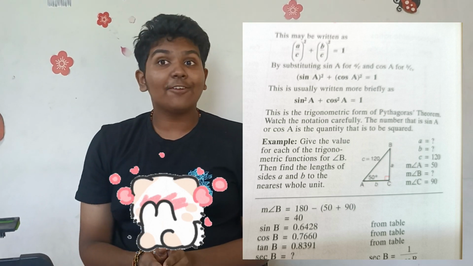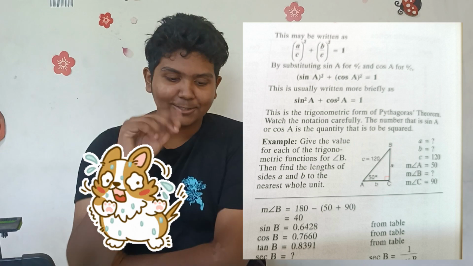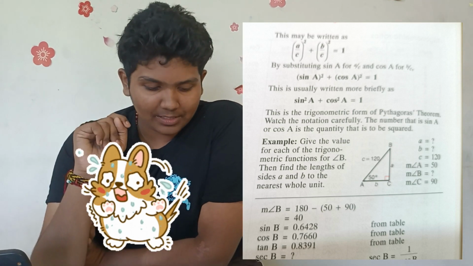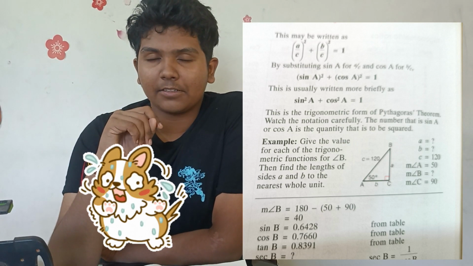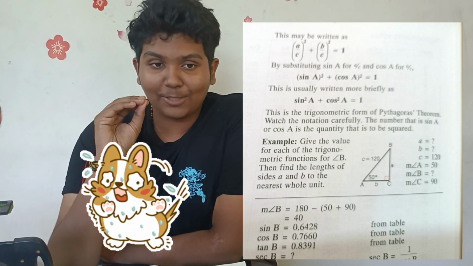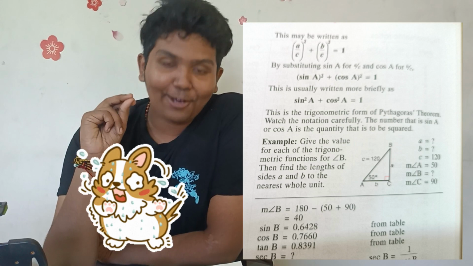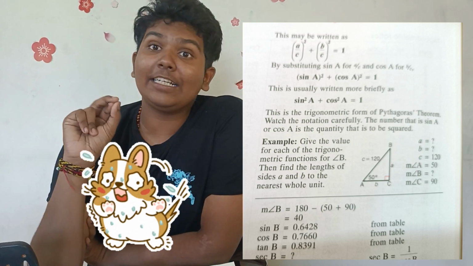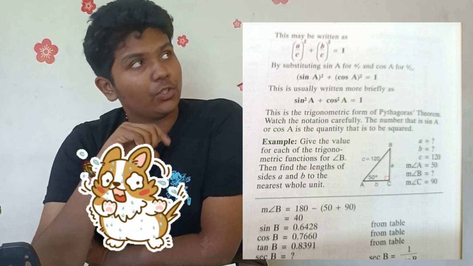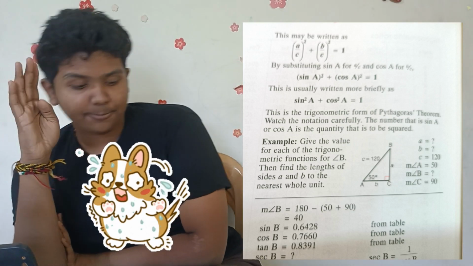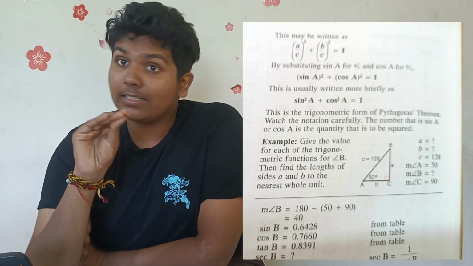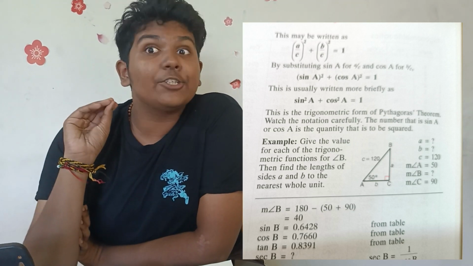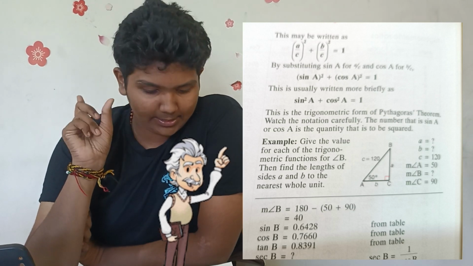Let's do some problems, shall we? So the first example: give the value for each trigonometric function for angle B. Find the length of sides A and B to the nearest whole unit. So you are given the triangle here. BC is equal to A, AC equal to B, and AB is equal to C, which is 120.